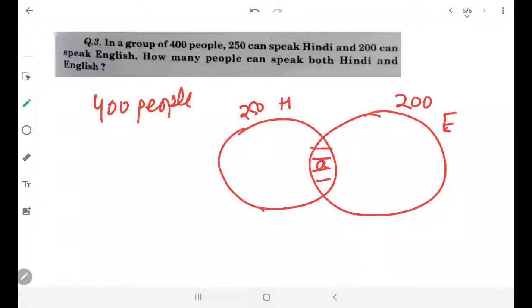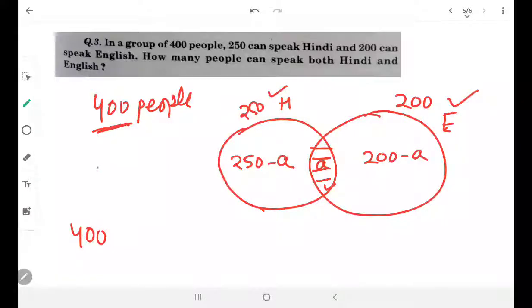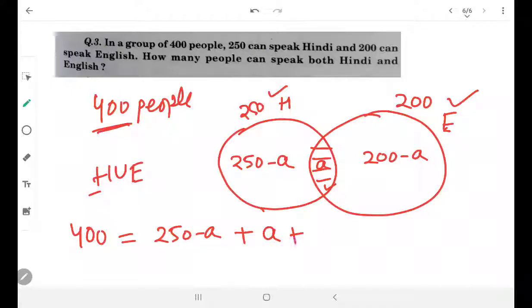Suppose they are A. So this is 250 minus A, and this is 200 minus A. And there are total how many people? 400. Those 400 people, they either speak Hindi or English or both. So 400 is like H union E, Hindi union English, is equivalent to either Hindi only or common, or means you have to add, or 200 minus A, English only.